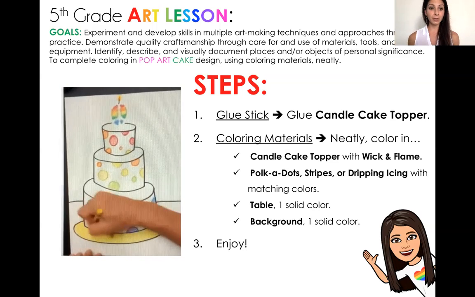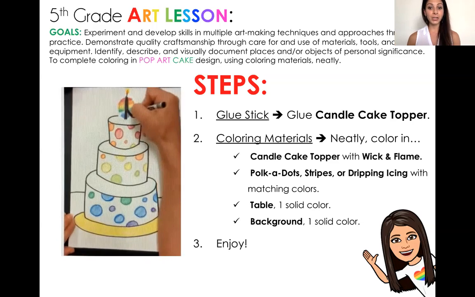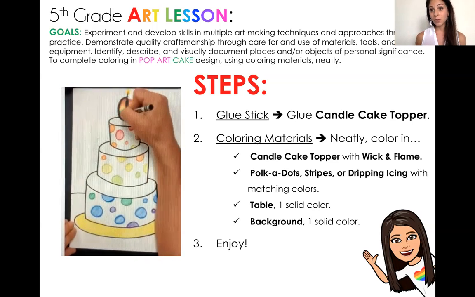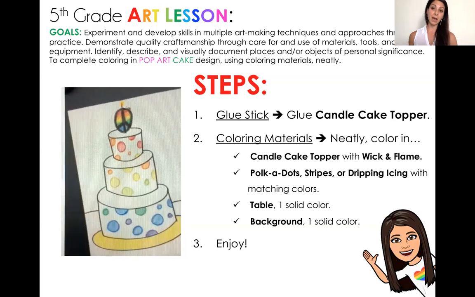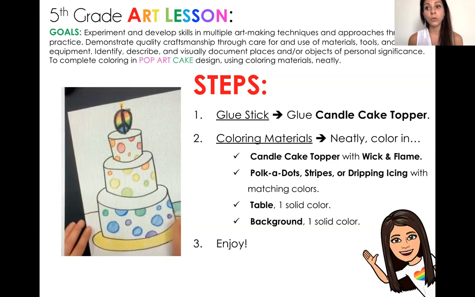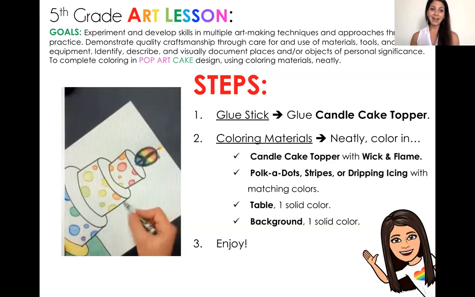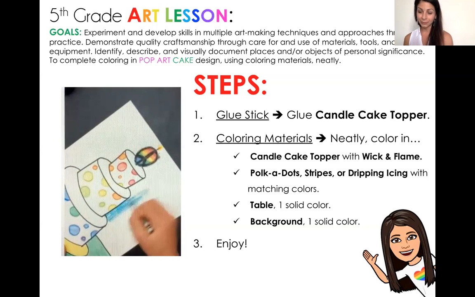Once you're done coloring in your cake, feel free to color in your plates. You can color in the table, and last but not least, the background. Now, with this presentation, you will also notice that I only picked one color for the plate, one color for the table, and one solid color for the background.